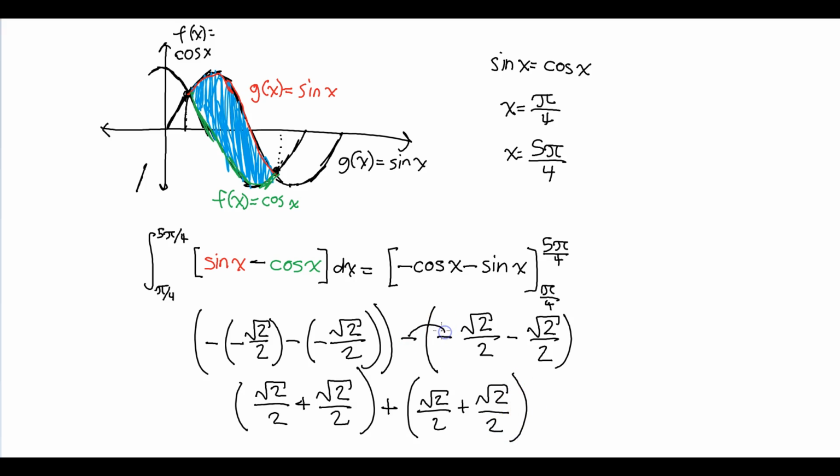Okay, we have a double negative. And that gets us 2 root 2. So it turns out the area of this blue region is exactly 2 root 2. Okay, looks like we got it. Now, there are some integrals that you can't really do a great job of evaluating.